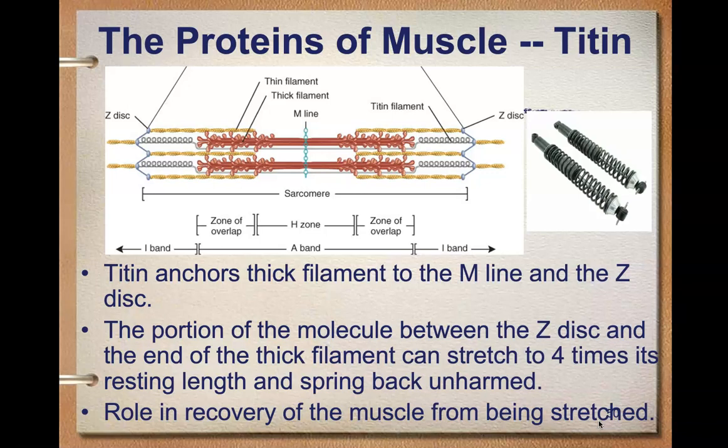So the proteins of muscle, some of the proteins of our sarcomeres, really. The first big one that we're going to talk about is titin. And just like it sounds, it is the titan of muscles, just spelled T-I-T-I-N instead of T-I-T-A-N. It is this filament that's going to anchor these thick filaments to the Z line.